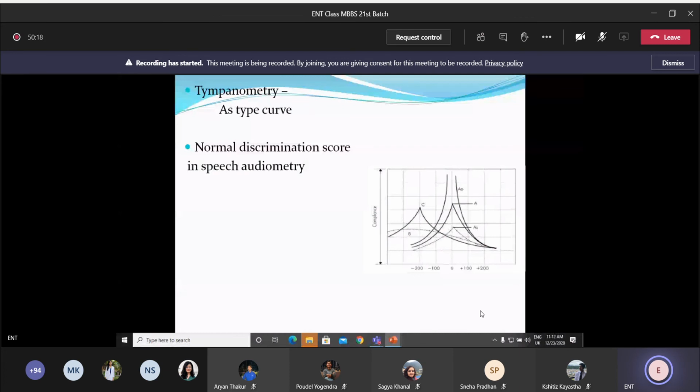Now, if you do a tympanometry, you would get an As type of curve. Mind it, these things will again be explained to you in your audiology classes. That will happen at the end of your otology classes. And in speech audiometry, you would get normal discrimination scores. So these are all going to be explained.